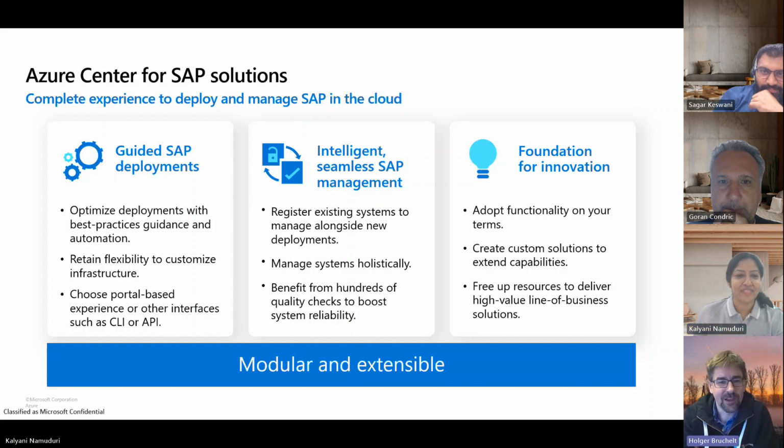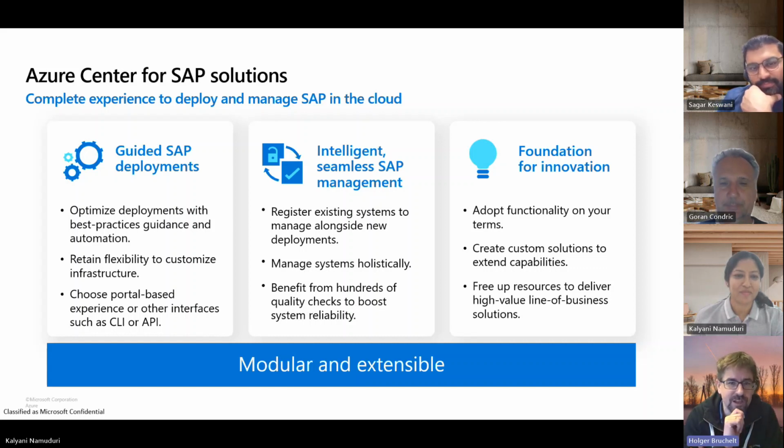Kalyani, perfect. I just want to highlight one thing that you mentioned, your call to action, basically, how to get started. There are basically two ways customers can get started with ACSS. One is really this guided SAP deployment, as you said, in 4 hours. And I really want to highlight these 4 hours, because it's not like just spinning up a virtual machine.